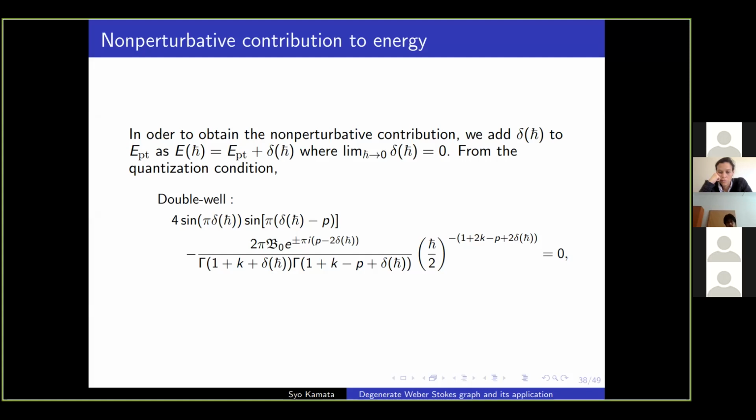I see. So this means the final result of energy is independent of any choice of Stokes graph, but the division into a perturbative contribution and non-perturbative contribution depends on your choice. Is that the way? It appears to me that your delta may be important, but doesn't appear as a single entity in the final physical result.